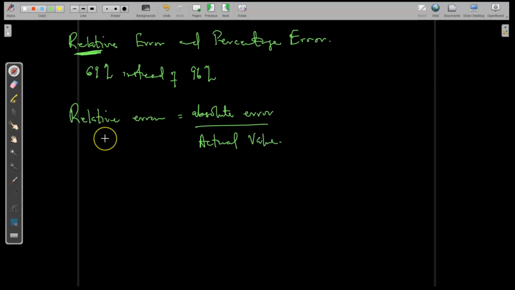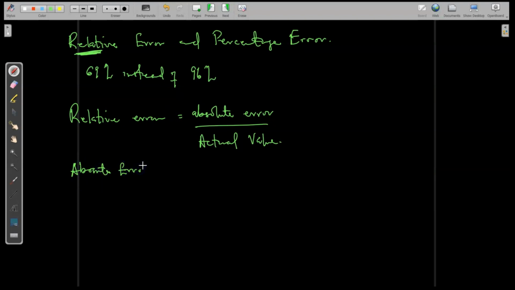That's the meaning of relative error. Are you with me? Yes, please. Now, someone may ask, what is the meaning of absolute value or absolute error?